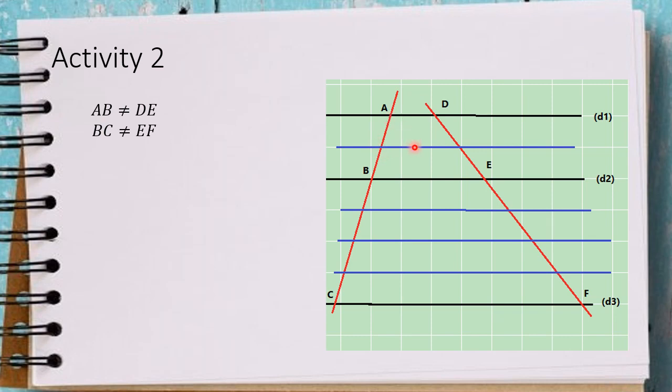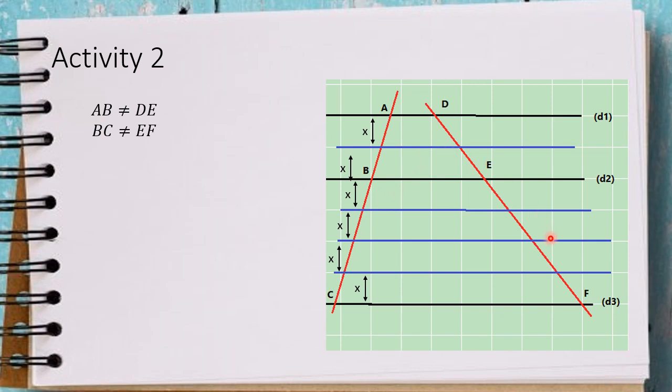So if I want to name them, let's say that the distance between A and the blue line is x, so this segment measures x, and this red segment will measure x, and this red segment will measure x. So all of them will measure x according to activity 1.